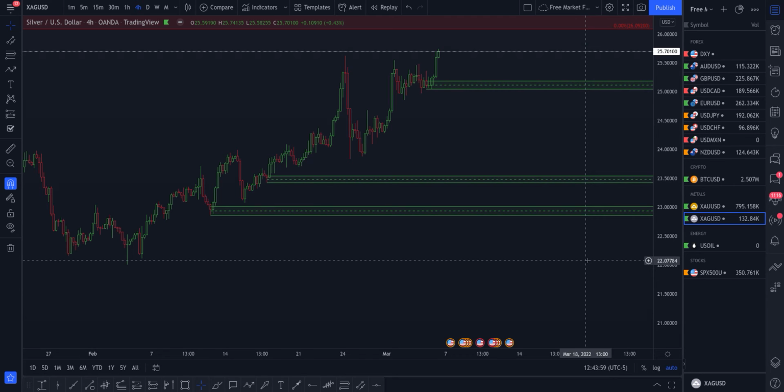Simply because a lot of individuals see gold and silver as a safe haven, as the U.S. dollar is losing value, especially with currencies being created on a daily basis. We have different crypto coins being created almost on a daily basis, really causing the U.S. dollar, if you will, to lose value.